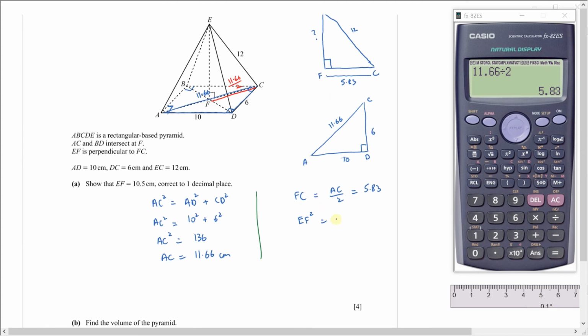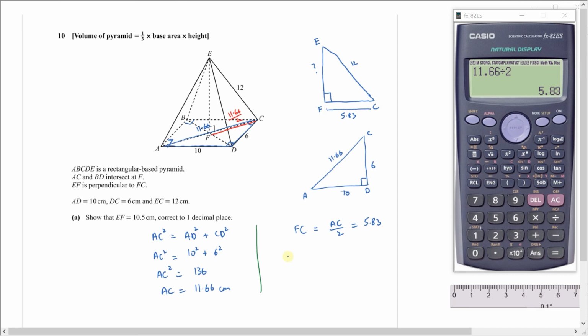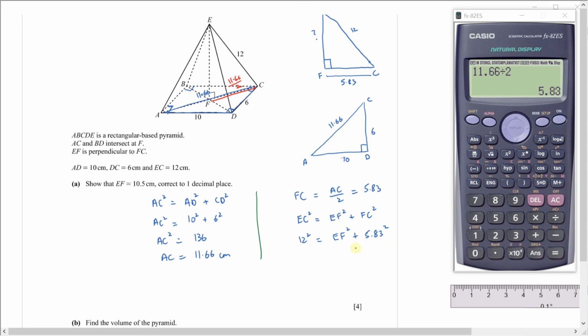Oh no, sorry, the hypotenuse is EC. So EC square should equal EF square plus FC square. EC square is 12 square, EF is the unknown, and FC is 5.83 square. So now let's calculate this. 12 square minus 5.83 square.